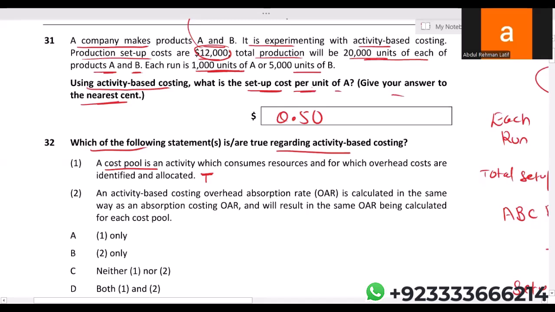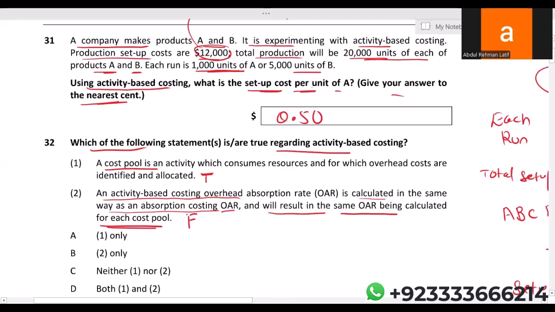So a cost pool is an activity which consumes resources and for which overhead costs are identified and allocated. Now, an ABC costing overhead absorption rate is calculated in the same way as an absorption costing overhead absorption rate and will result in the same overhead absorption being calculated for each cost pool. False.